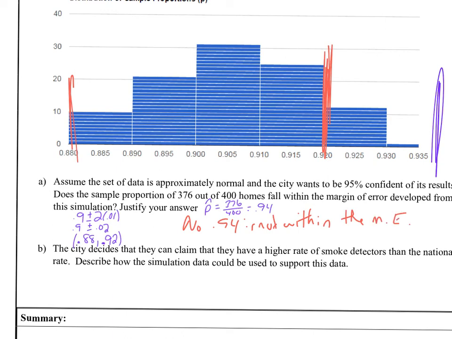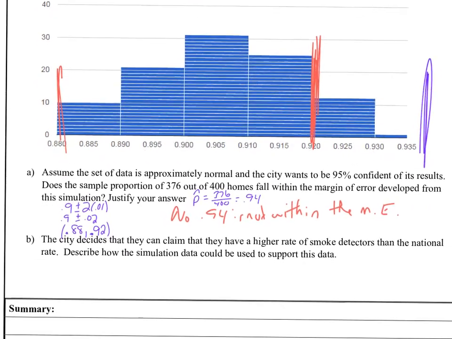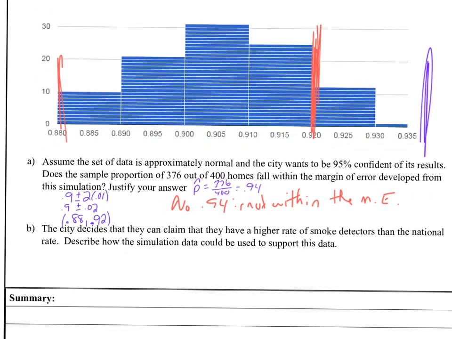So the city decides that they can claim they have a higher rate of smoke detectors than the national rate. Describe how the simulation could be used to support this data. Well, where is 0.94? 0.94 is very clearly way above.